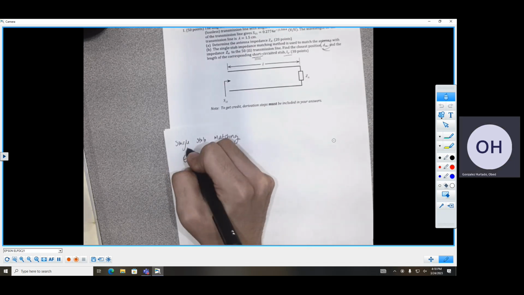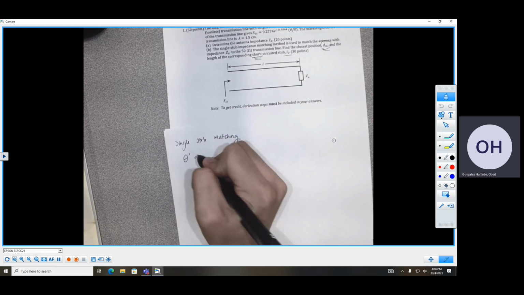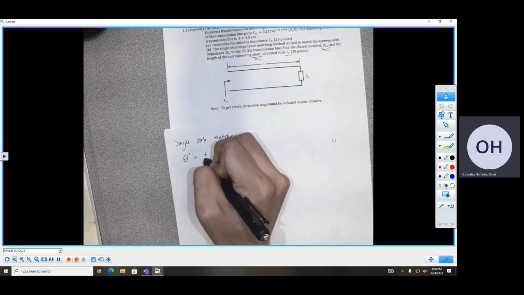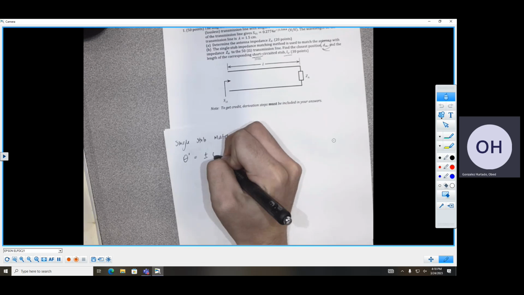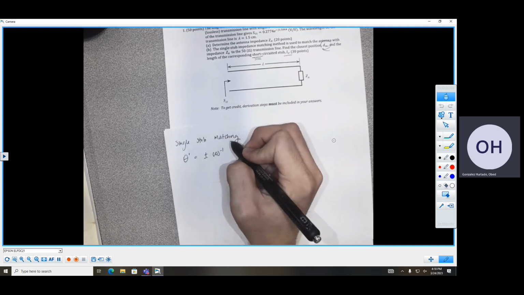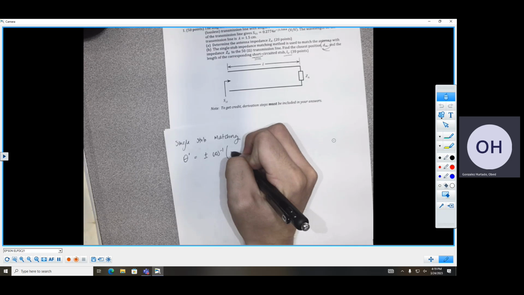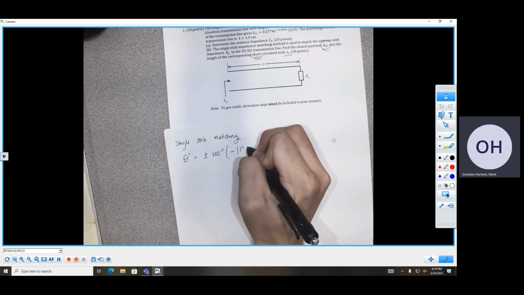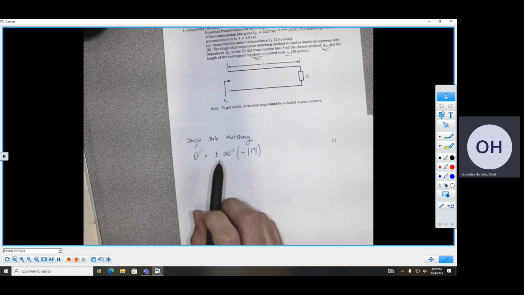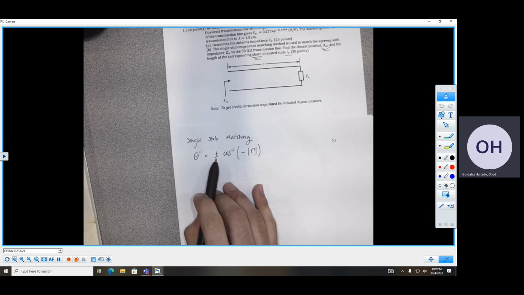I'm gonna put it like this on your lab. So throughout these equations, you'll see a plus or minus.